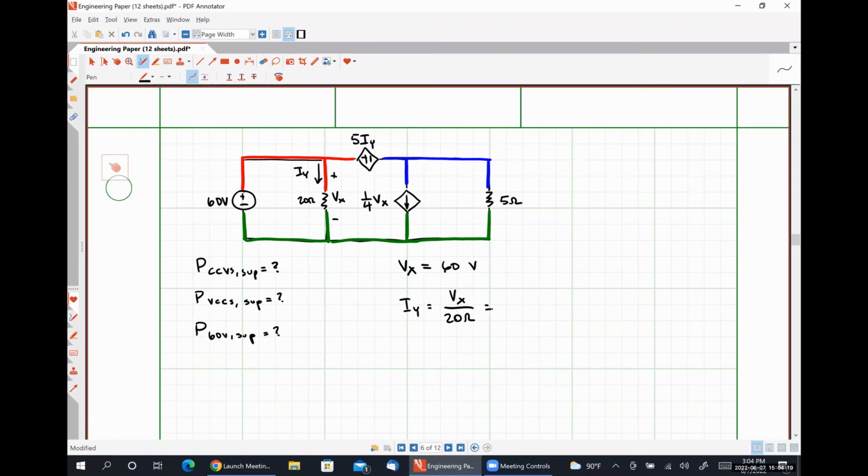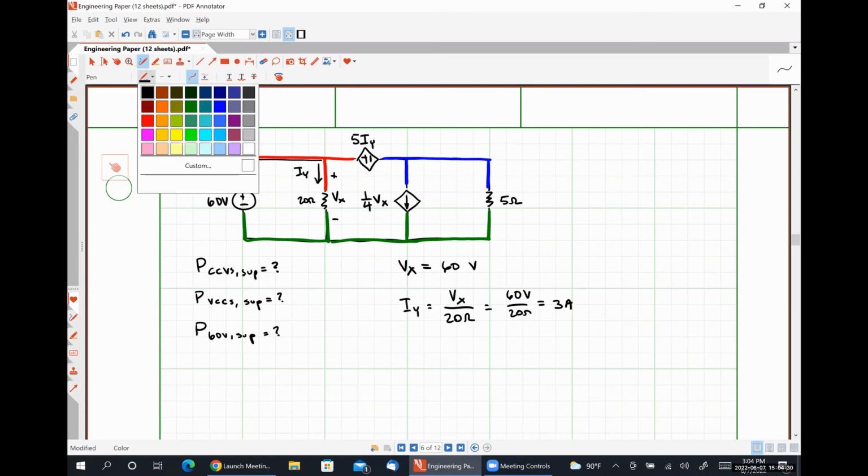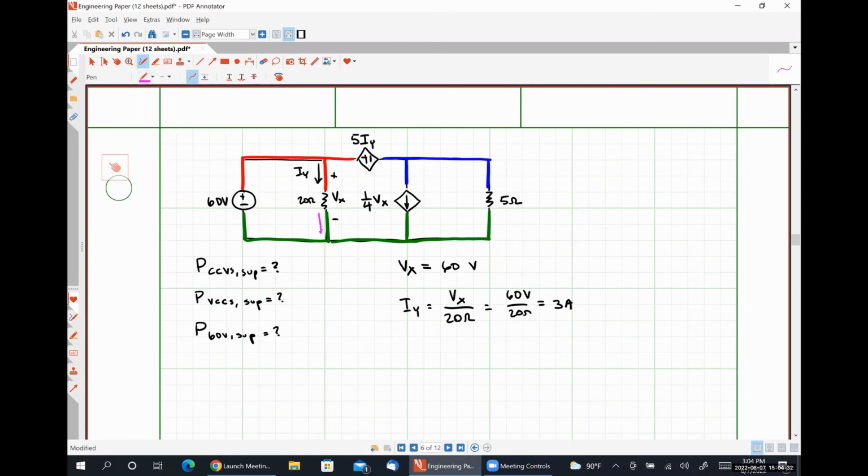Substituting in my value for Vx, this is going to look like 60 volts over 20 ohms or 3 amps. So what I'm going to do is indicate this current of 3 amps on my schematic diagram. Okay.